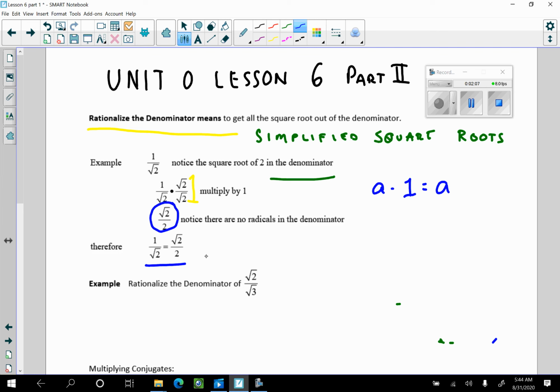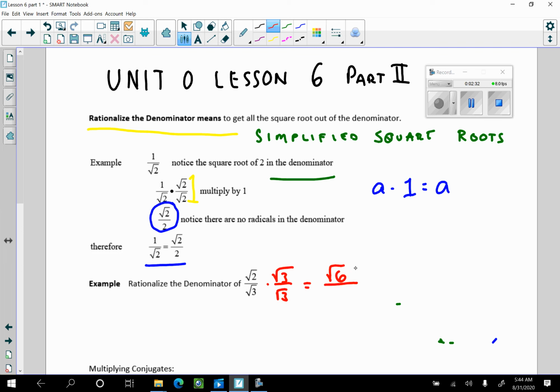So let's rationalize or simplify this expression here, square root of 2 over square root of 3. The only thing that's not simplified about that is the square root in the bottom. So we're going to multiply it by 1 in the form of square root of 3 over square root of 3. Now I have square root of 2 times square root of 3, which is square root of 6.